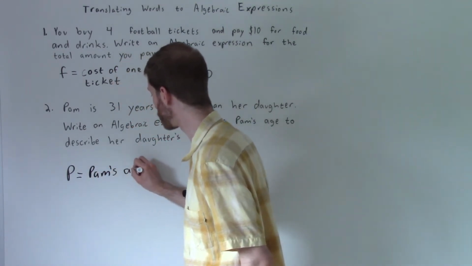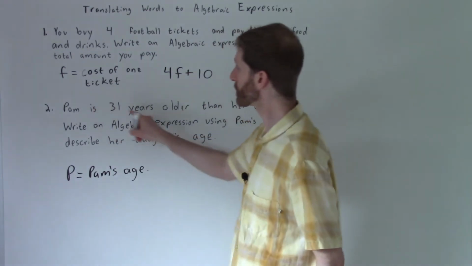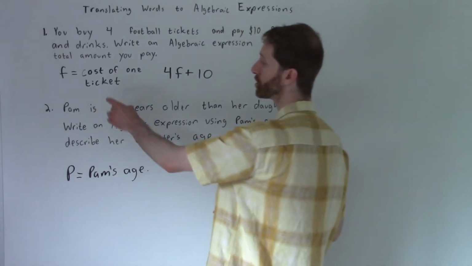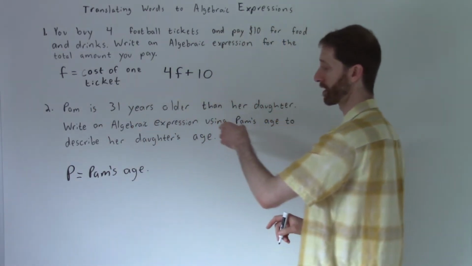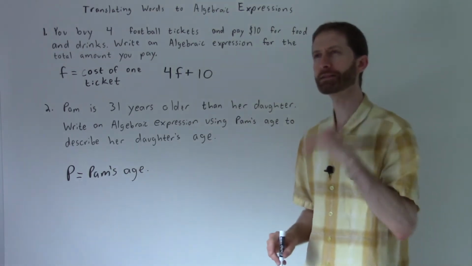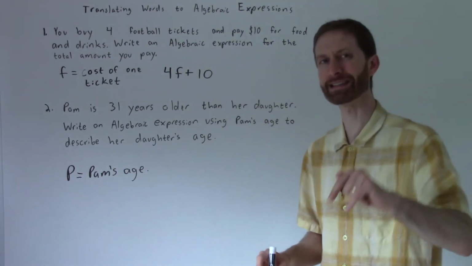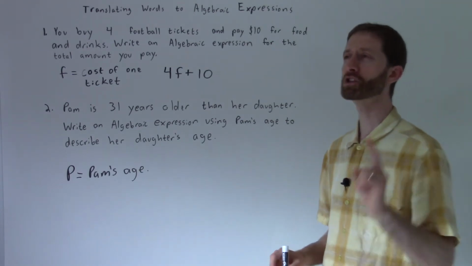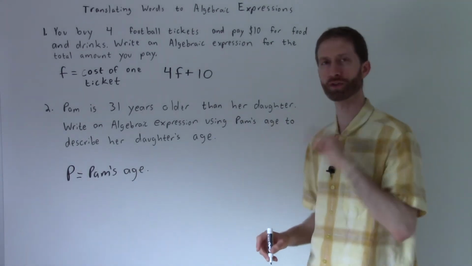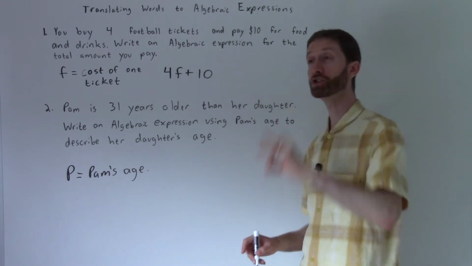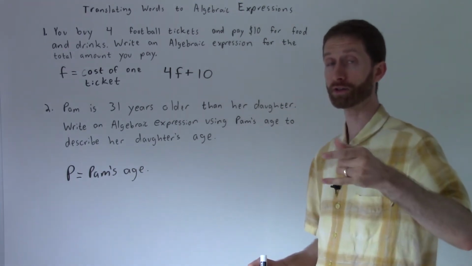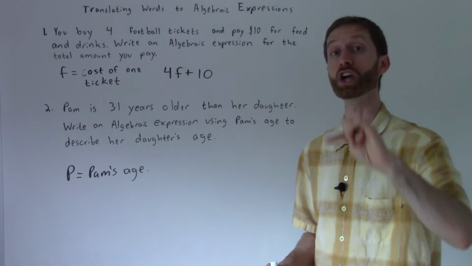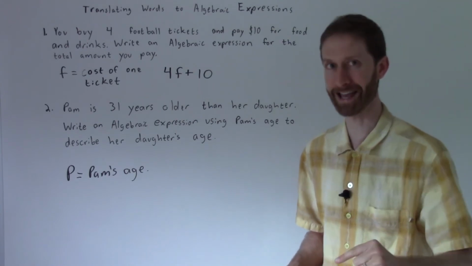Now here's the challenge. The way this is written, you would think that you would do P plus 31, right? But that doesn't make sense because Pam is 31 years older than her daughter. If she's 31 years older than her daughter, then her daughter, flip it around, is 31 years younger, or less than Pam.